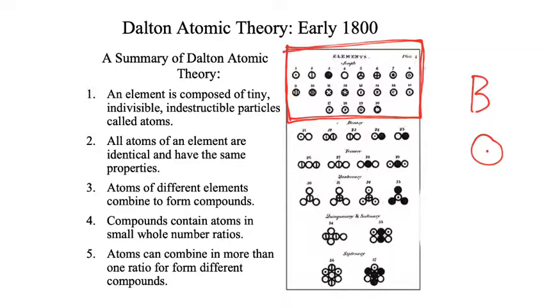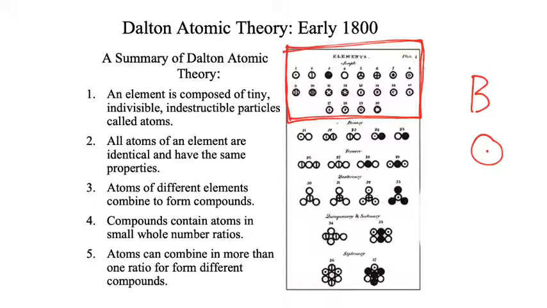What I can do with that atom, though, is I can combine it with other elements to form compounds. Those compounds are going to have different properties. That's why when we pull carbon from CO2, CO2 has a different property than wood, because the compounds being generated are different. Atoms of different elements combine to form compounds. I literally just said that. It helps if I focus where I'm reading.